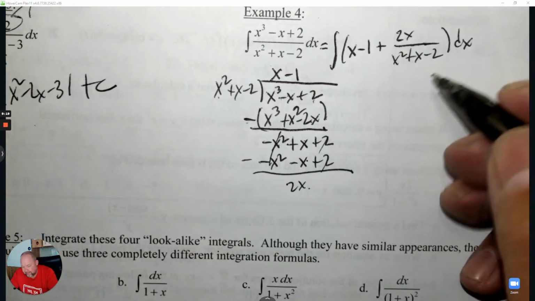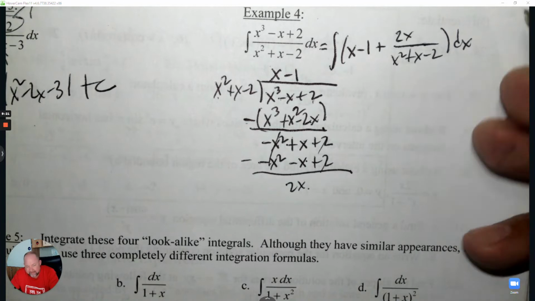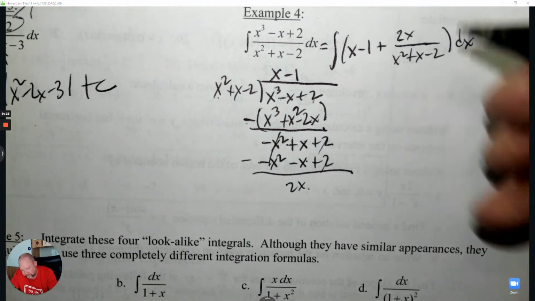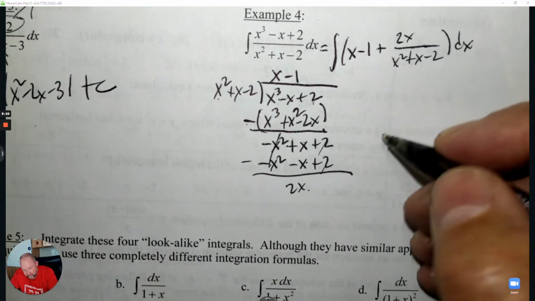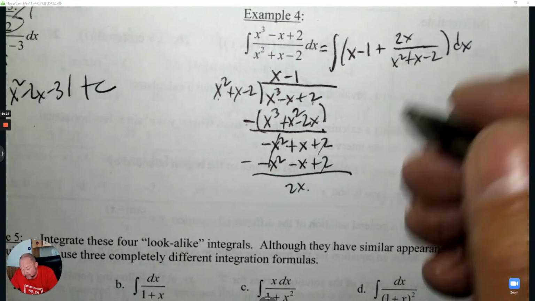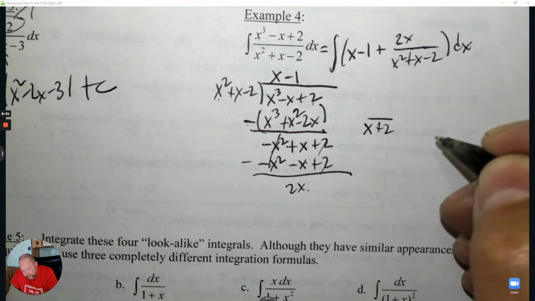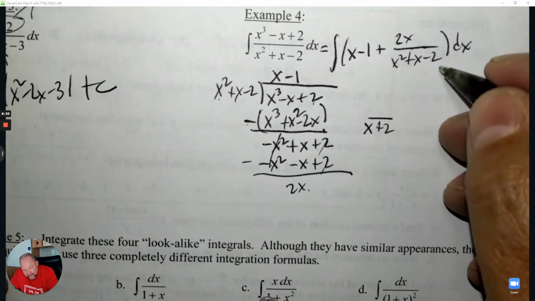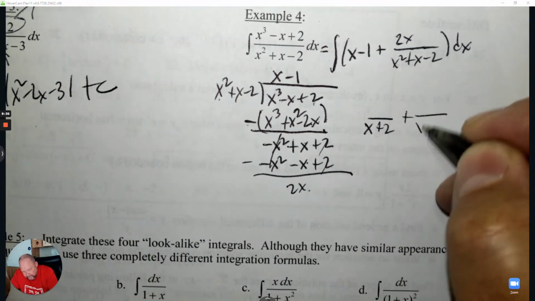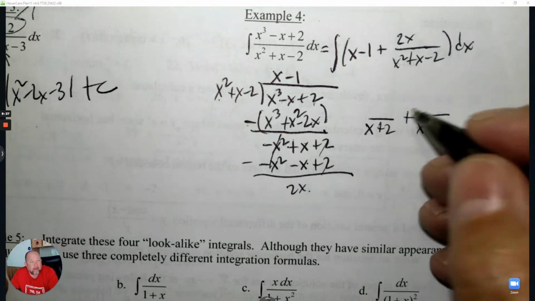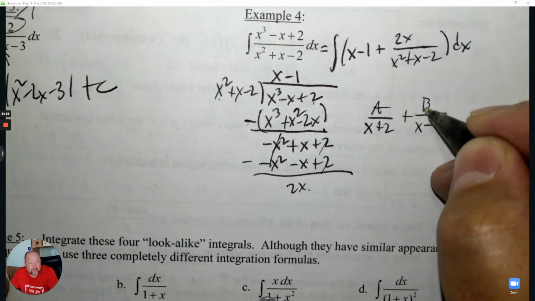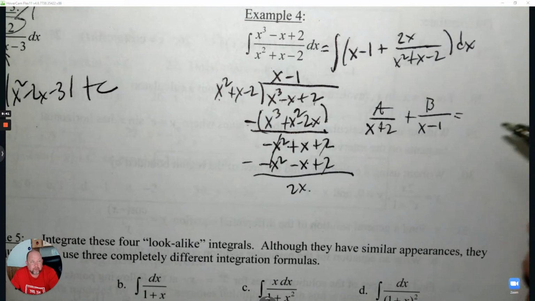So I'm going to factor this out. I'm going to do it right here. So the two factors are x plus 2 and x minus 1. And we'll call one A and one B. Really, it's just the numerator that I have to worry about.